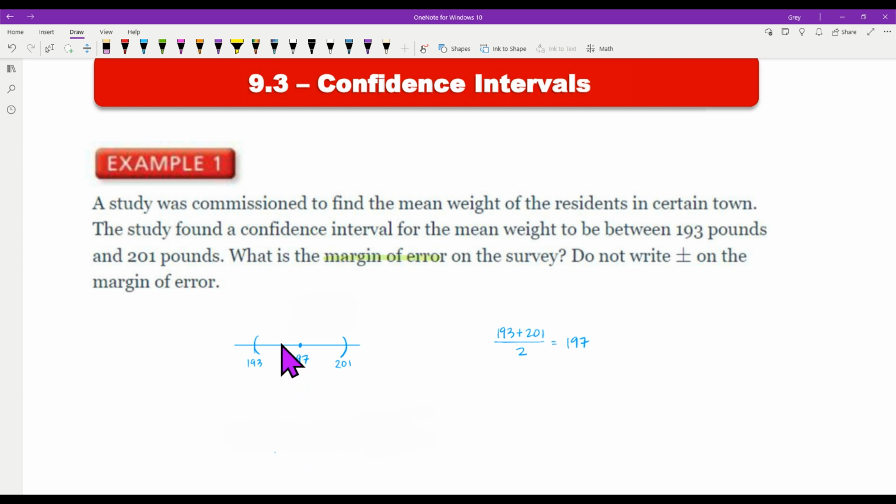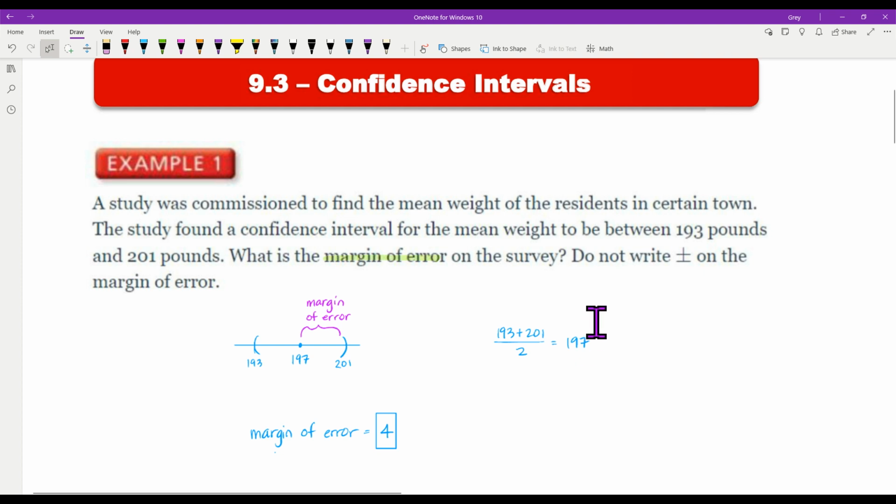Your margin of error is the amount that you deviate from that mean, in either direction. That's why it says plus or minus. Don't worry about the plus or minus. Just tell us how far away it is from the mean. So you just subtract 201 and 197, or 197 and 193, and you will find that the margin of error is 4.